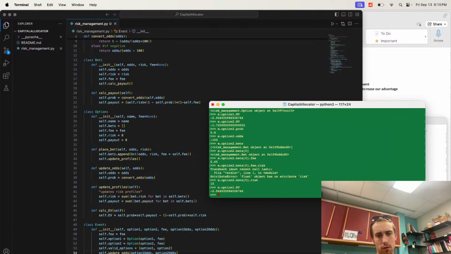Self.payout equals, so sum the bet payout, sum the risks, and then EV equals the probability of it winning times the payout minus probability of it losing, which is just 1 minus the winning probability, times what we're risking.